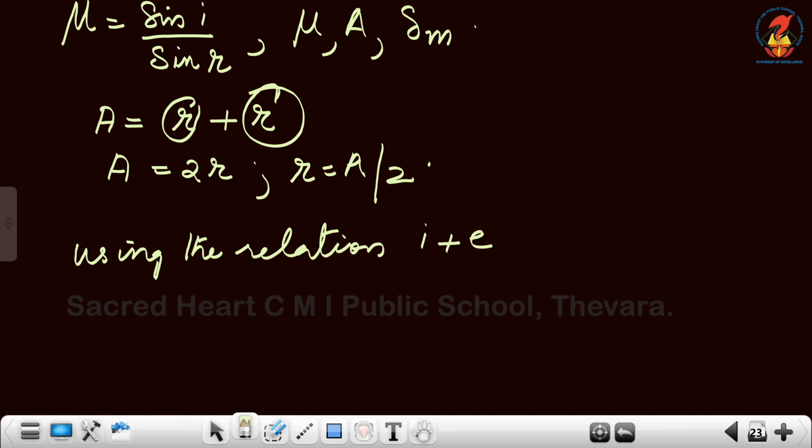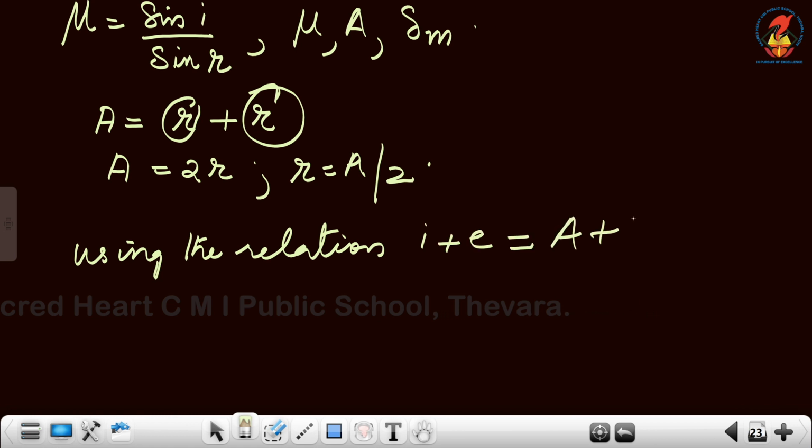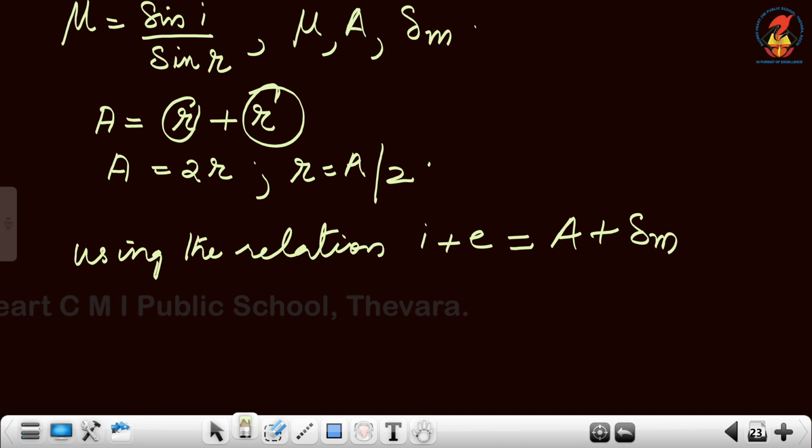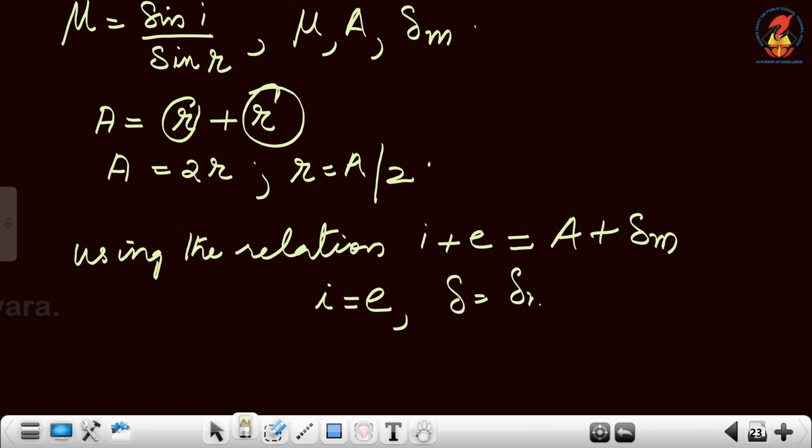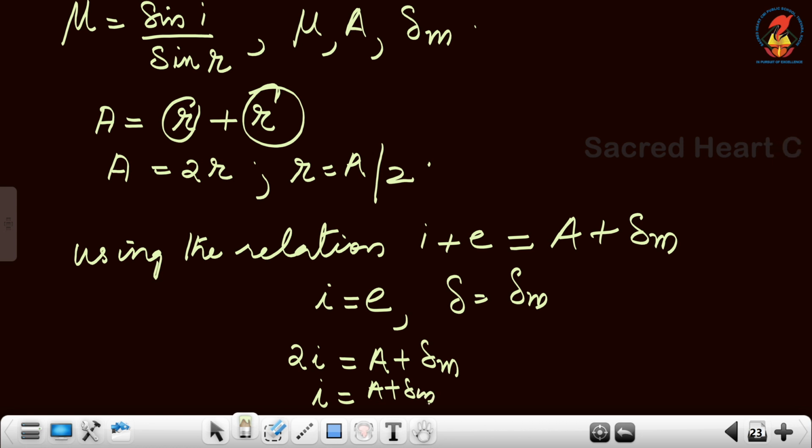Similarly, using the relation I plus E is equal to A plus delta M. In this case, I is equal to E at minimum deviation angle, and the deviation angle can be written as delta M. So, we can write the above equation as 2I is equal to A plus delta M, or I is equal to A plus delta M divided by 2.